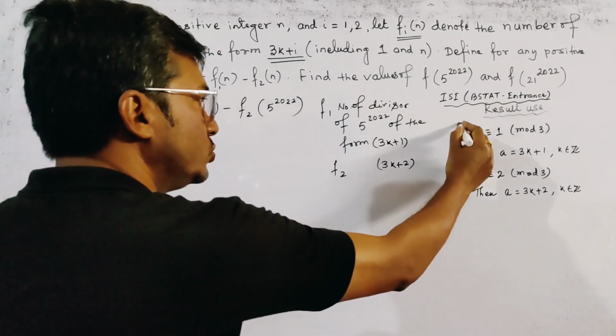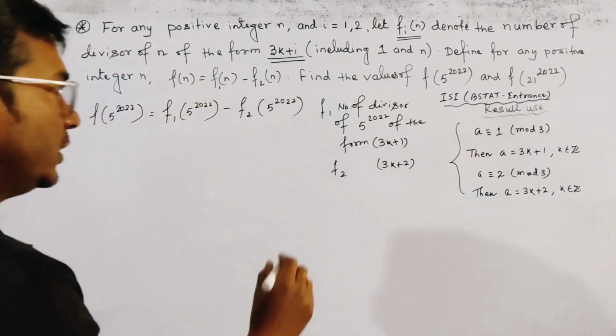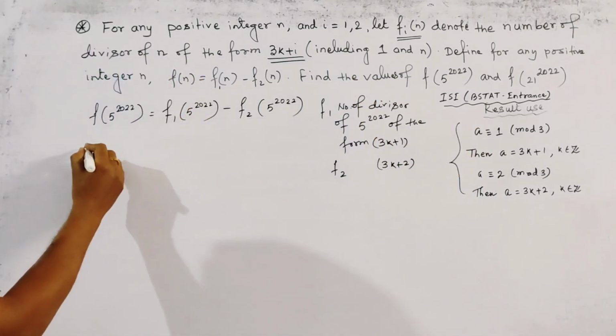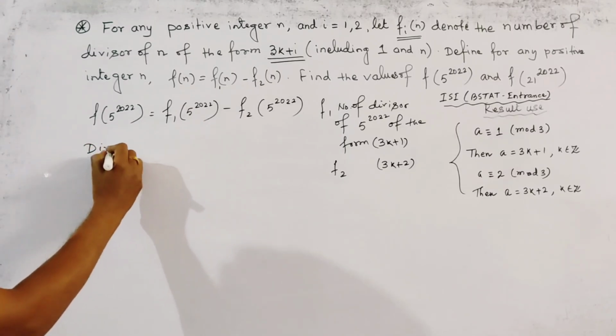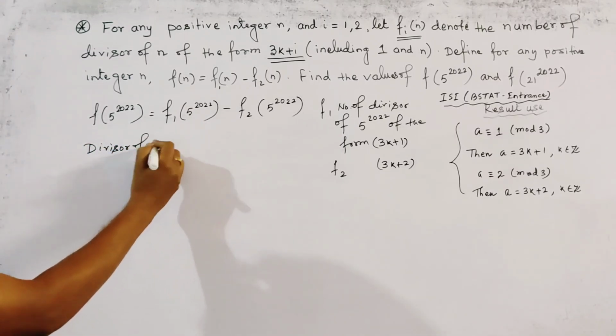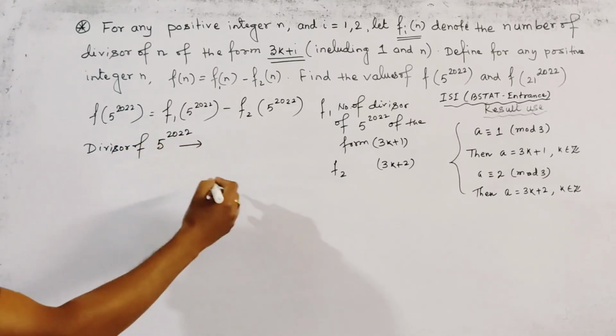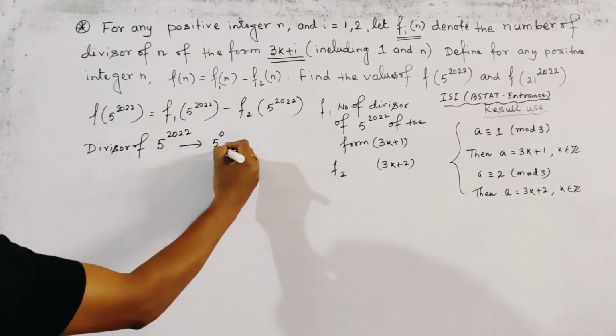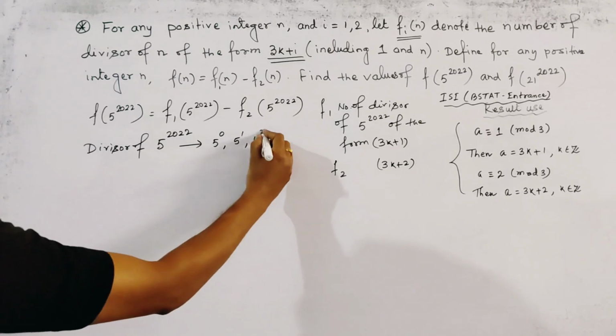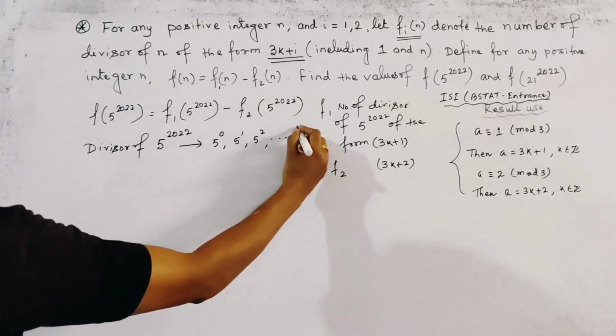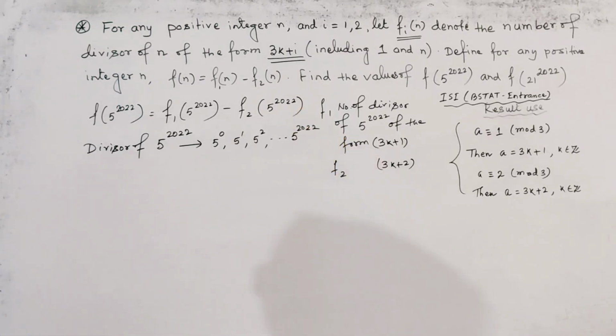We use these two concepts here. Now the divisors of 5 to the power 2022 are 5 to the power 0, 5 to the power 1, 5 to the power 2, up to 5 to the power 2022.